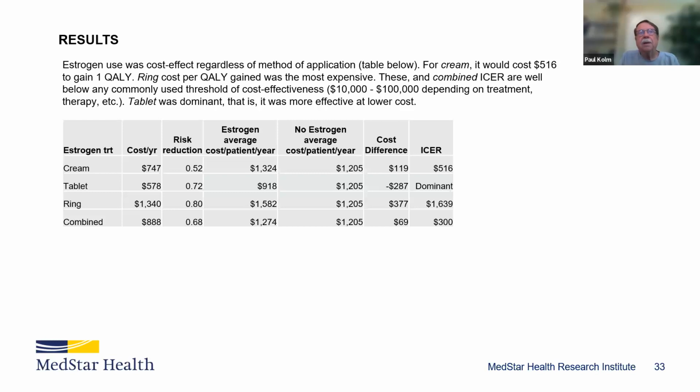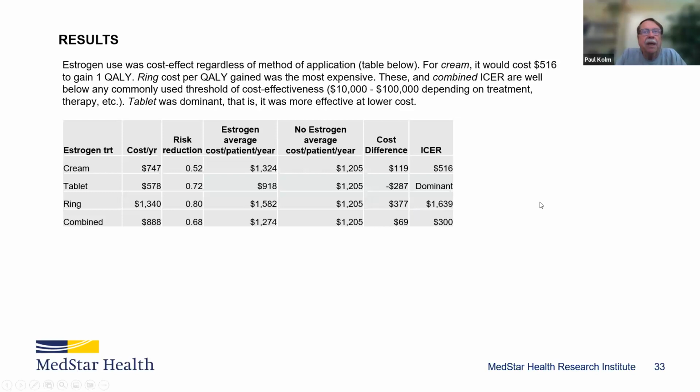But it would depend on, in this case, obviously, the treatment for urinary tract infections. So maybe $1,600 to treat one case or to cure one case of UTI. Maybe that's really high.